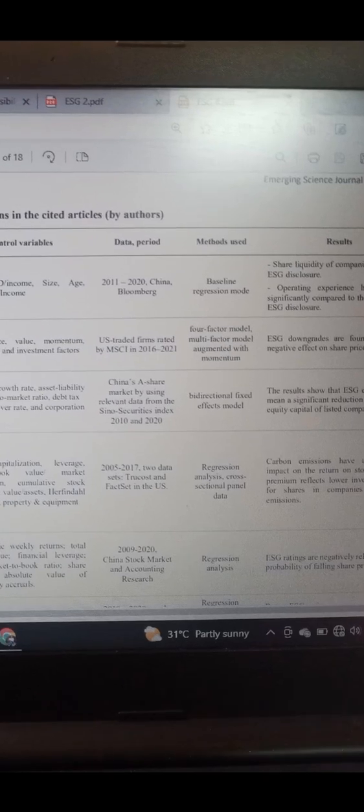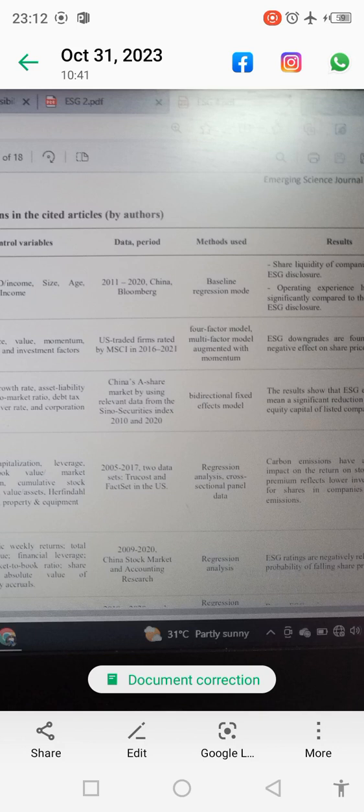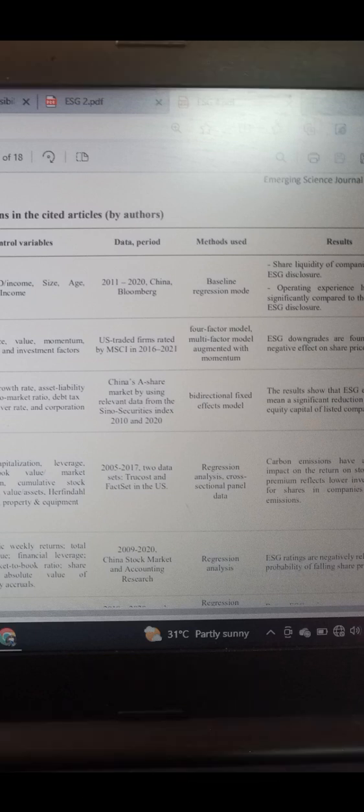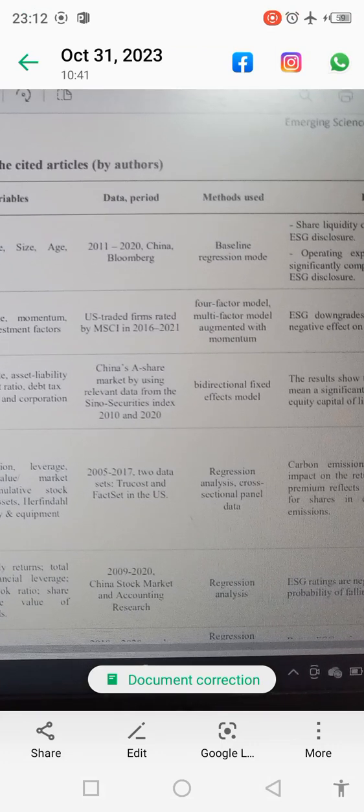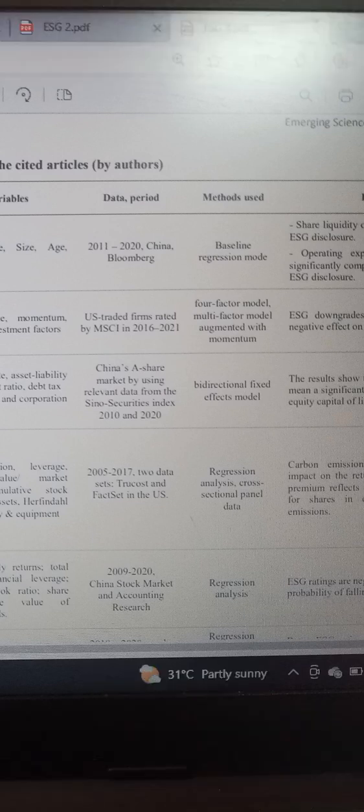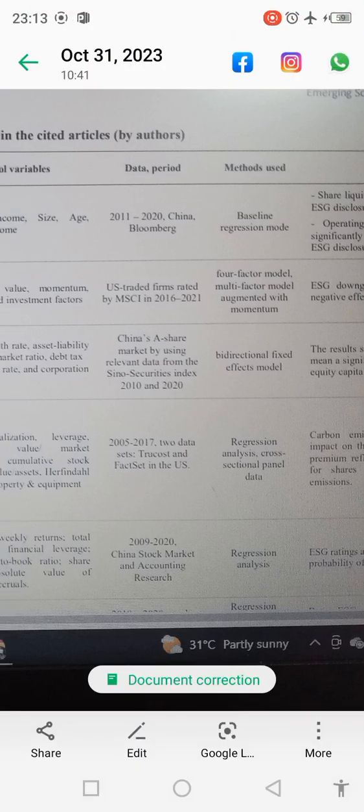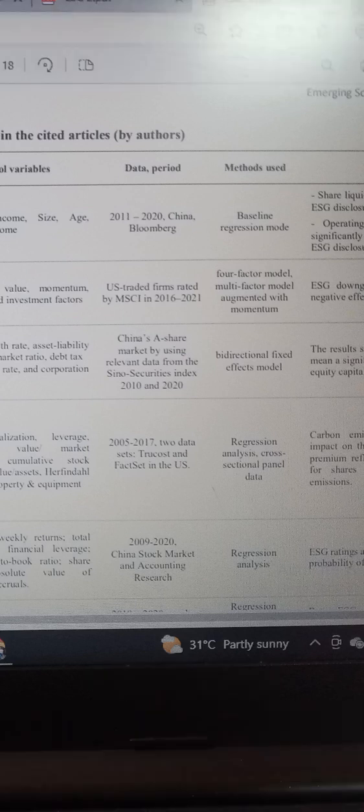And the database used here in the first study is Bloomberg. The second study is US traded firms rated by MSCI. The database used for this particular second study is MSCI. For the third one, as we can see, they said by using relevant data from Sino Security Index, this is their own database. For the fourth one too, Trustco and Factset in the US, that's the database.